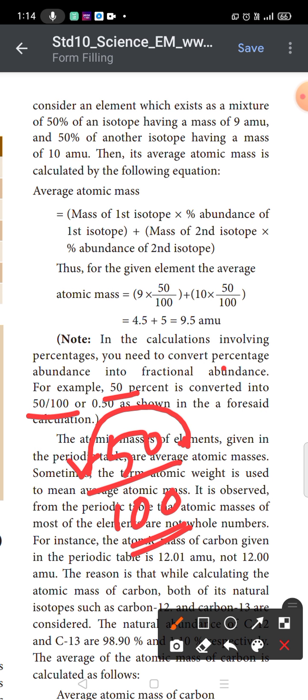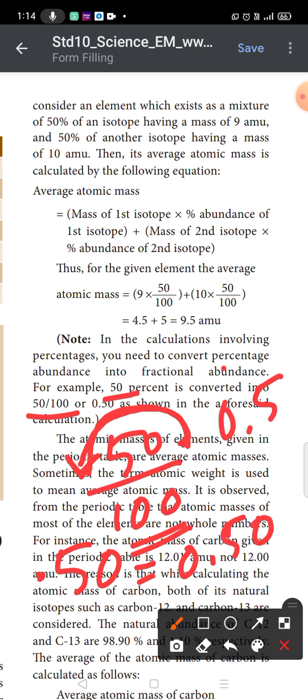This is a whole number, and from this whole number the decimal will move 2 digits. So I will get the point here, and after the decimal I will get 0.50, which is equal to 0.50, or else we can write it as 0.5.